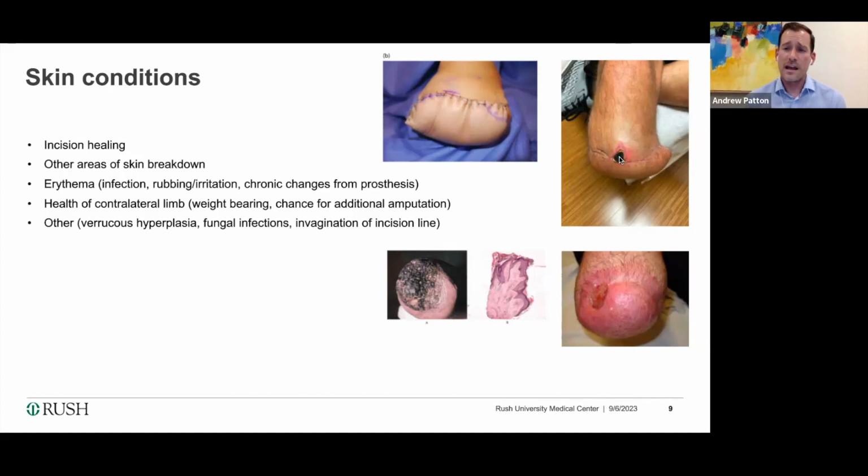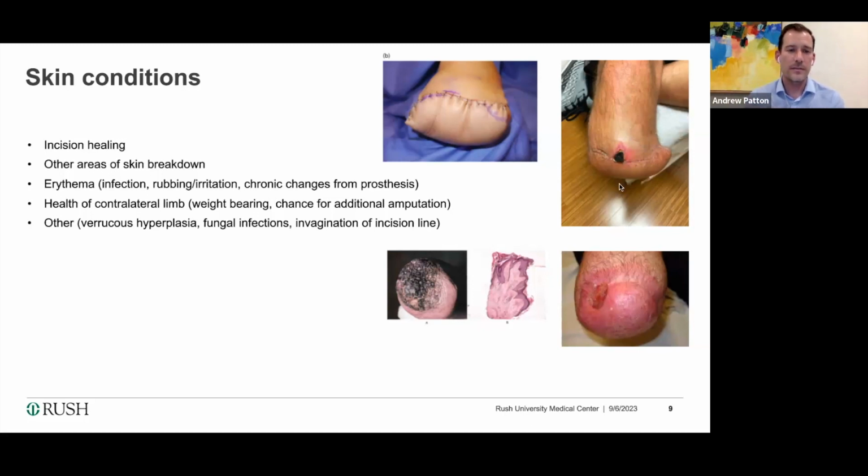Either they fell on it and opened that skin, or maybe they do have a prosthesis and they're coming down too much into the prosthesis. So that distal end is weight bearing, which is a no-go. You don't want to be weight bearing on that end. So they're getting some skin breakdown there, and that puts them at further risk of higher amputation, and you don't want to go higher and higher.